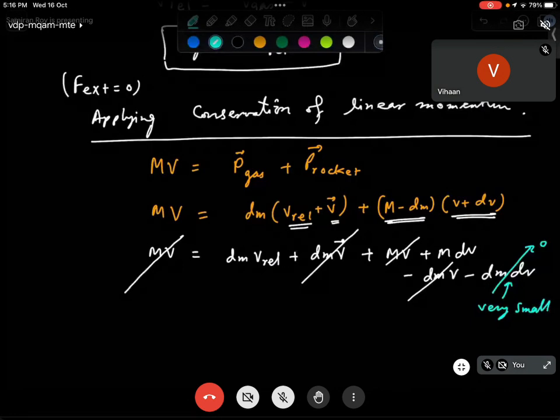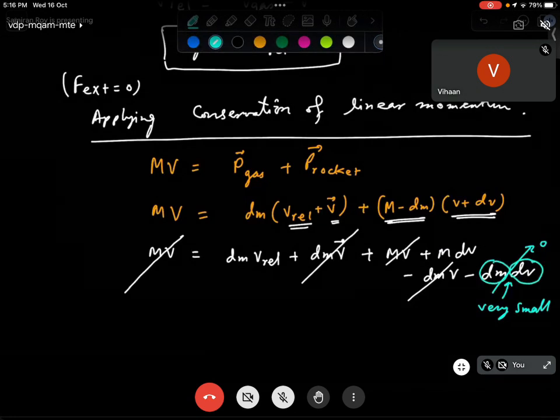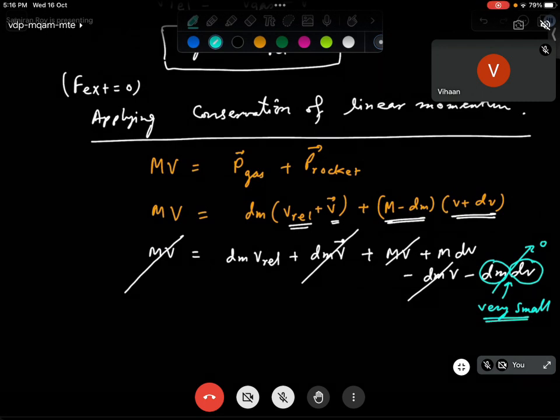You multiply 0.1 into 0.1, so you get 0.01. So dm is also small, dv is also small, so together this will be very small, so I am neglecting it, just after t plus dt time. Okay, is that clear?